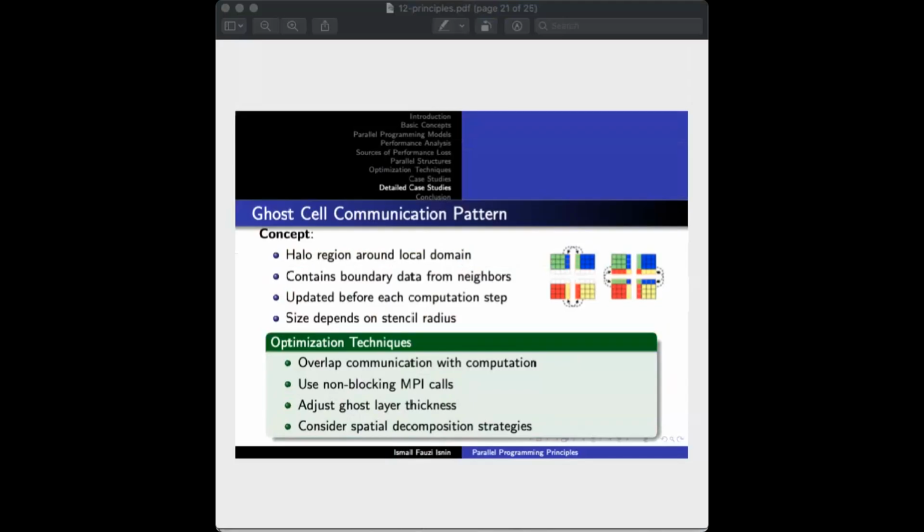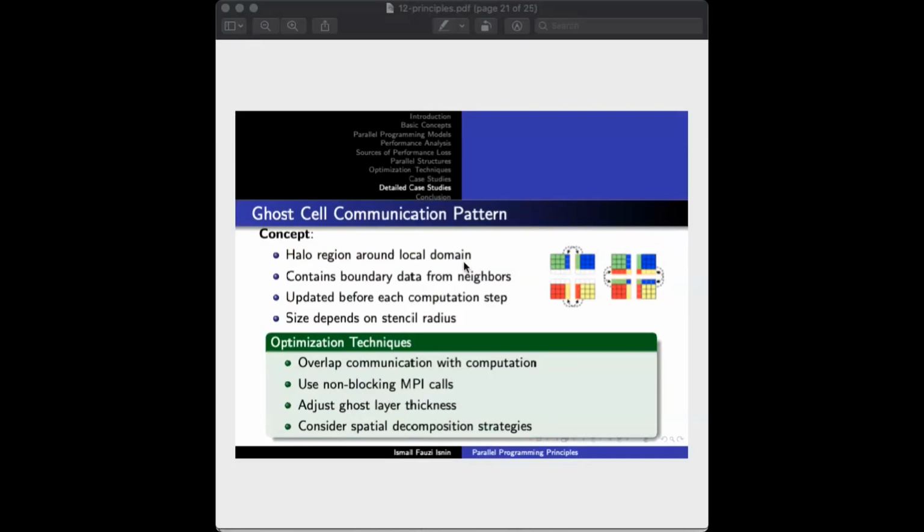Okay, let's analyze the ghost cell communication pattern, which is an industry standard design pattern for grid-based domain decomposition. The concept is creating an artificial halo region around each local processor data domain.